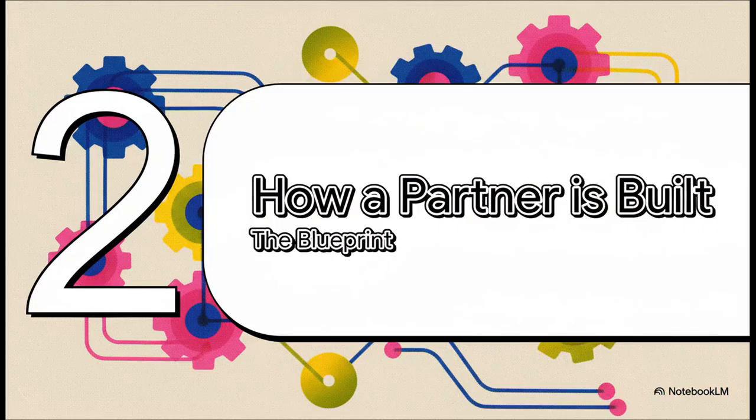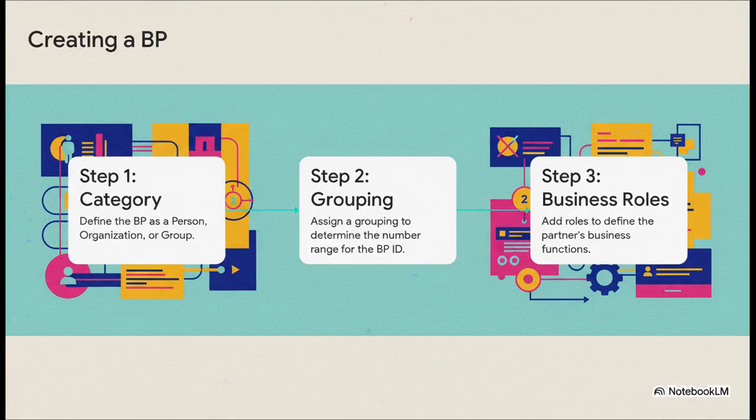Okay, so how is this master contact card actually put together? It's not just a random data dump. It's a logical three-step process that takes a generic entry and turns it into a partner with a real business purpose. First, you define what it is. Is it a person like you or me, an organization like a company, or a group? Simple enough. Next, you assign a grouping. Just think of this as a category that decides how the partner ID number gets generated.